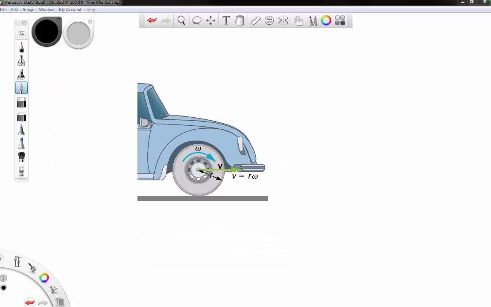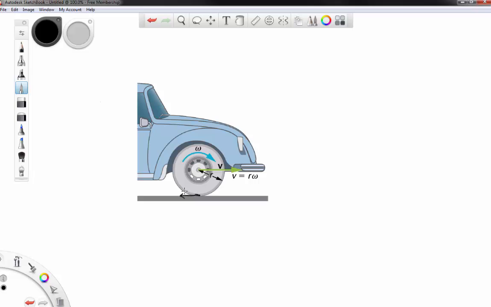Imagine, first of all, that you have this car. So it's moving forward at some speed v. Now imagine, if you will, that you have your piece of gum on the bottom of the tire right here. So if I were to have lifted the car off the ground so that this wheel is spinning at 100 radians per second, or whatever, then your expected tangential velocity would be like this.